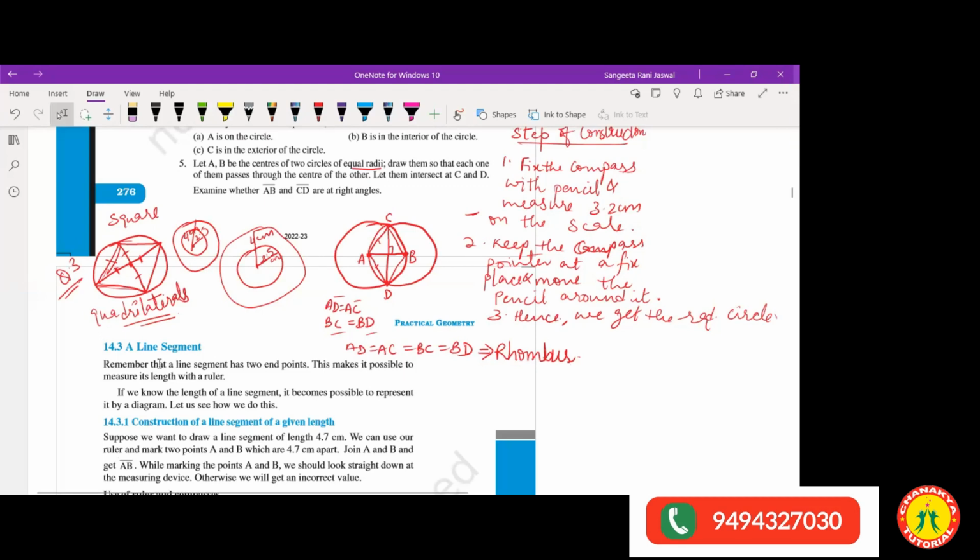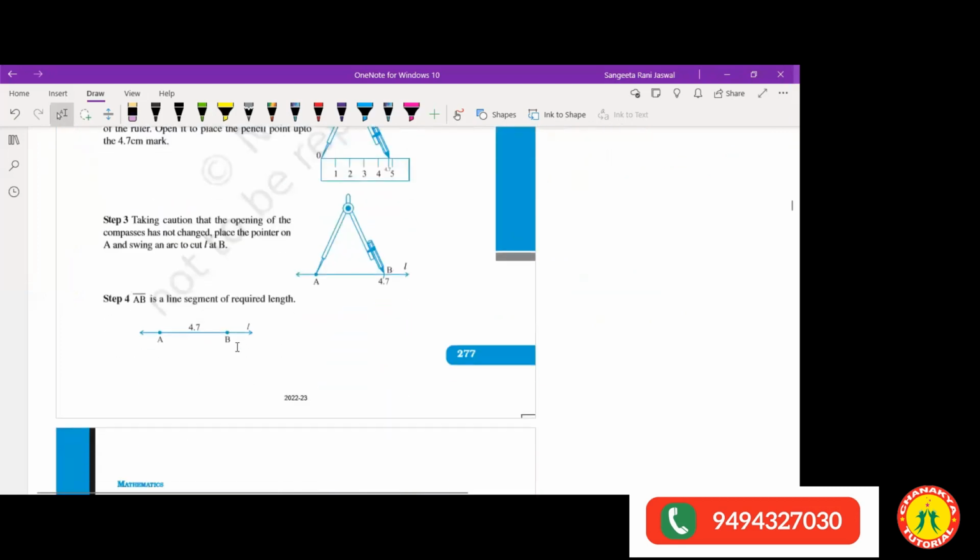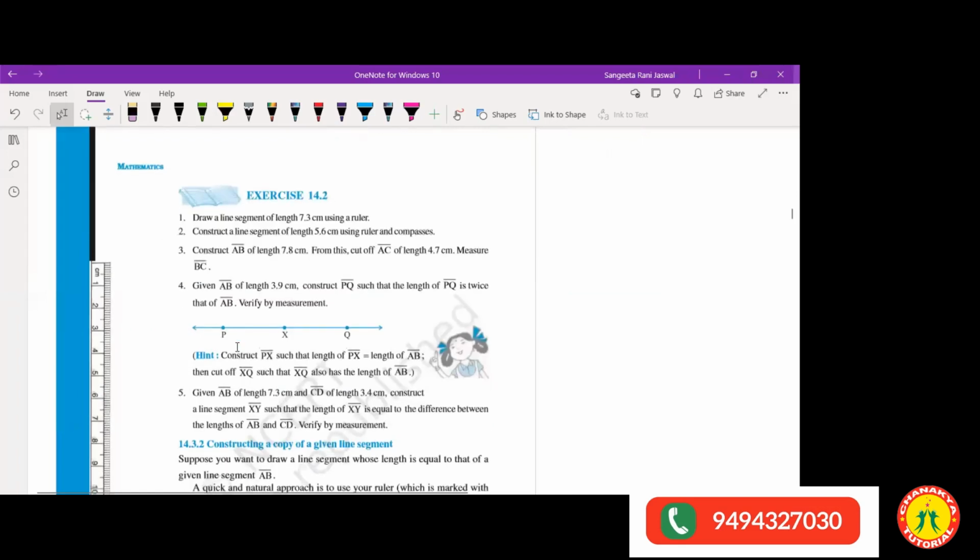Now the next one is line segment. This is the same as we did yesterday, how to make a copy of a line segment. I'll show you again.